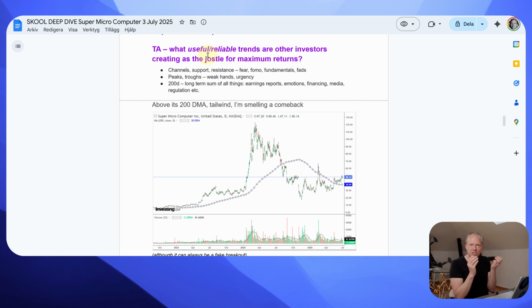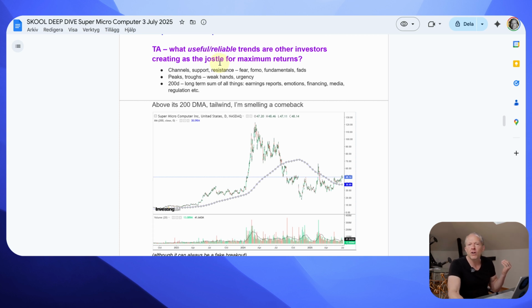And so we want to see if there are any trends here that look strong enough, reliable enough, not too jagged, but something that might give us an idea of whether the stock is going in a certain direction or not, or if it's likely to reverse its current direction.